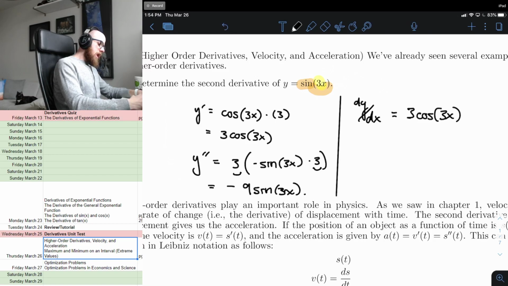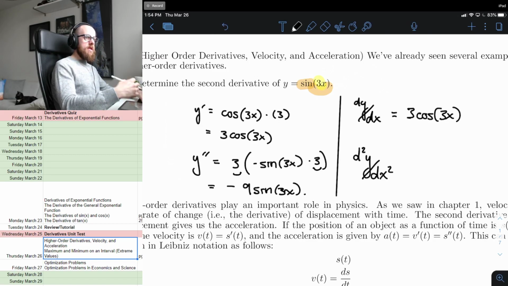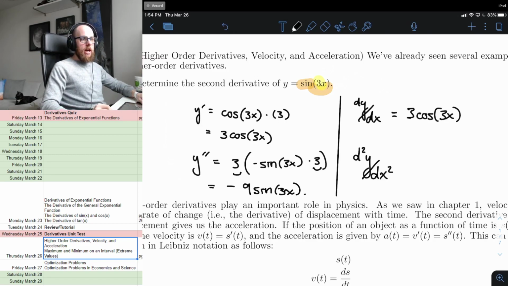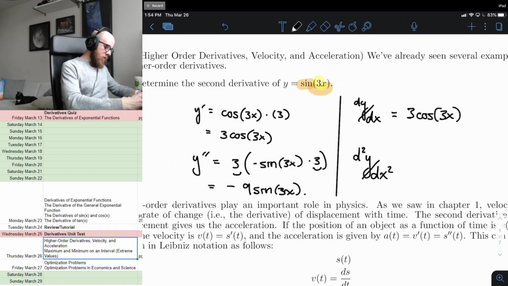Now to indicate the second derivative, I do d squared y by dx squared. So the second derivative of y with respect to x equals minus 9 sine 3x. Okay, so just some notation here.